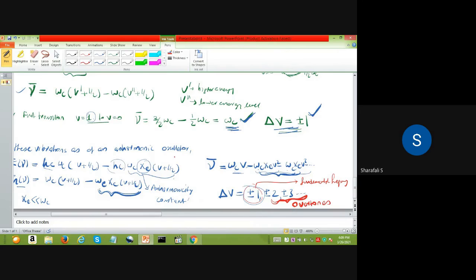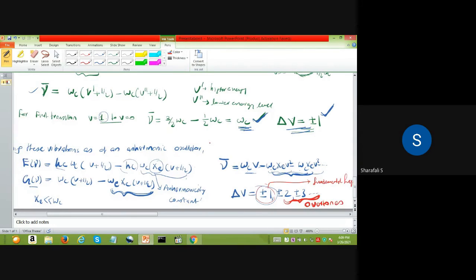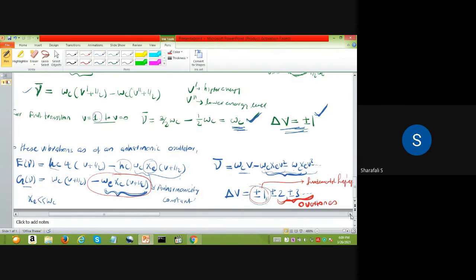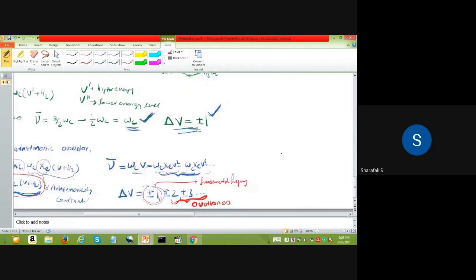Okay. So because of this additional term in the anharmonic oscillator, which is minus omega e xe times v plus half, your energy levels will change.